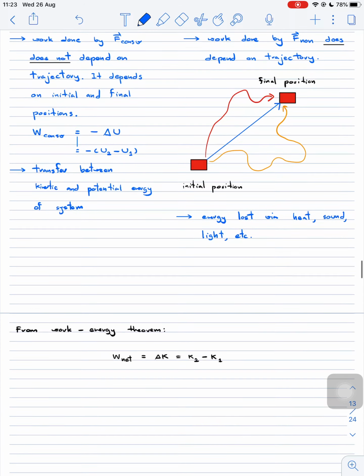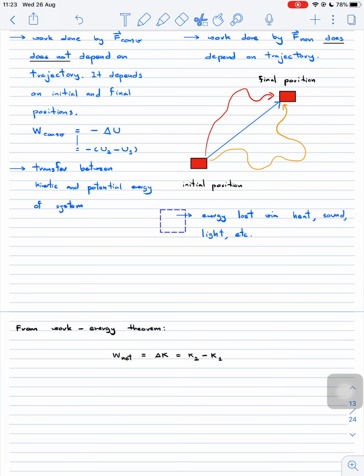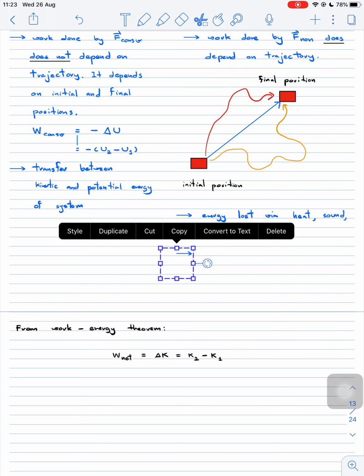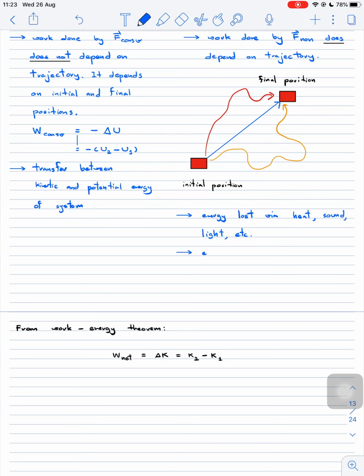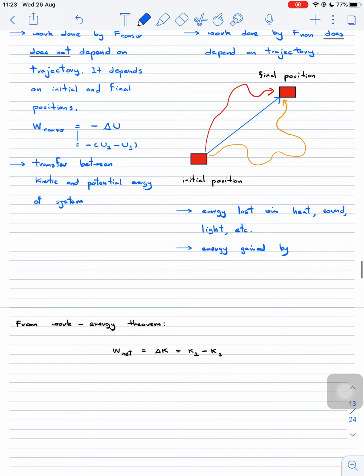So we have some energy loss here, or maybe we can have energy gained, where for example any pushing force.